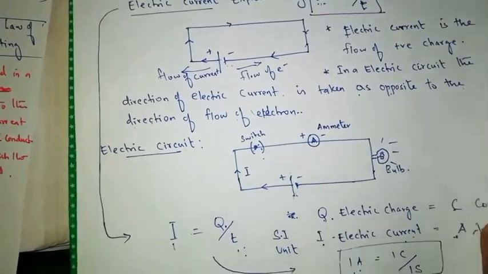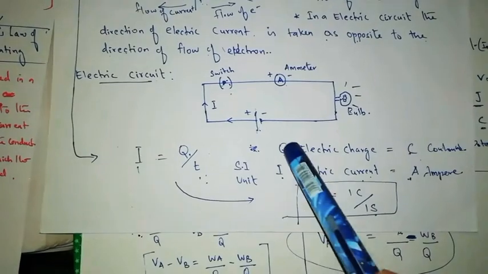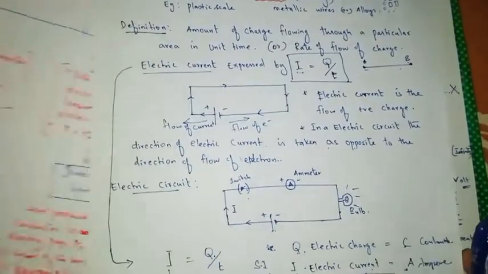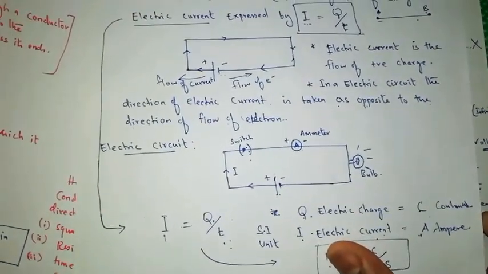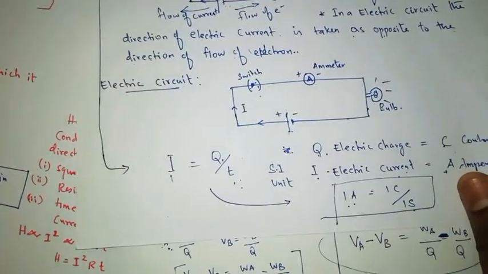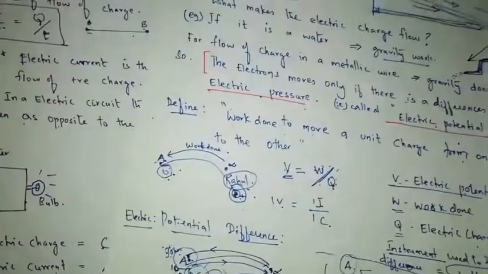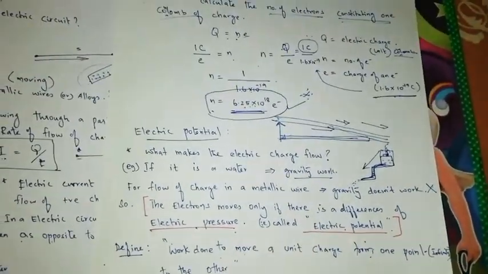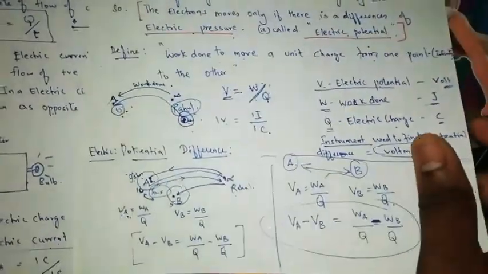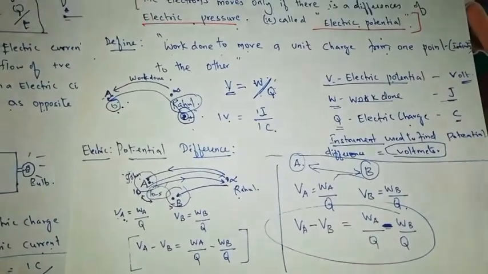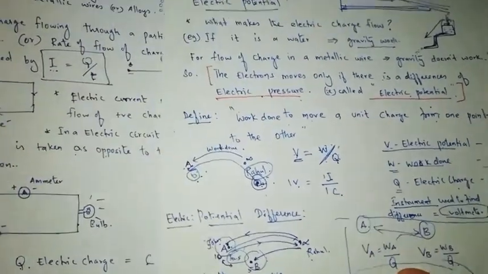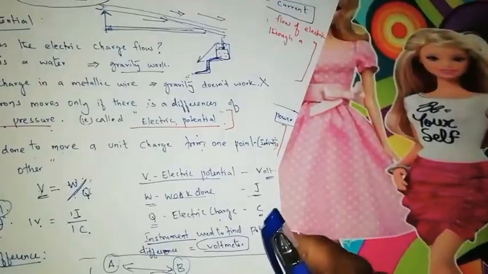That also you should know. Then we learned the SI unit of current, electric charge, and also electric potential and electric potential difference. So these are the things we learned yesterday.